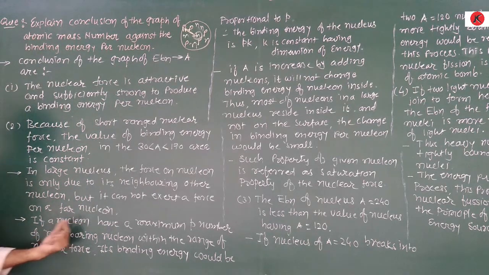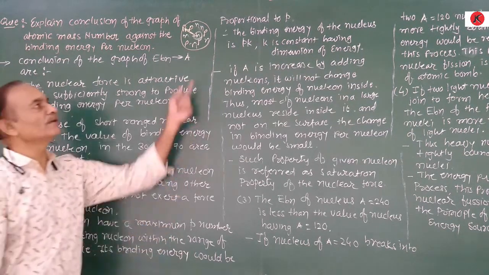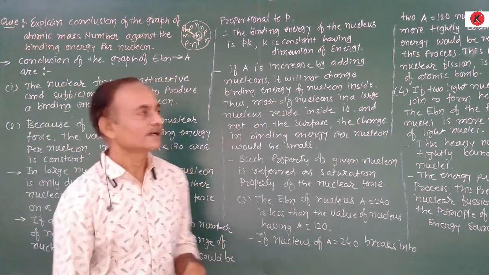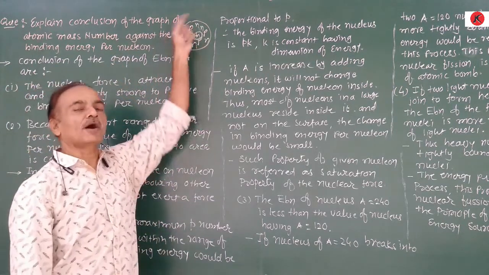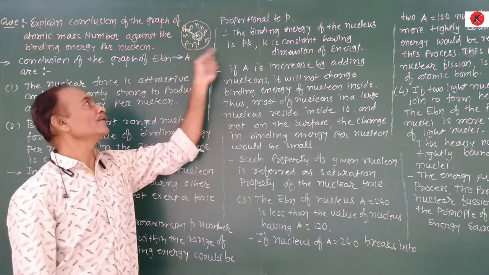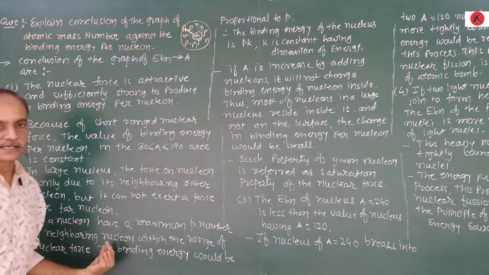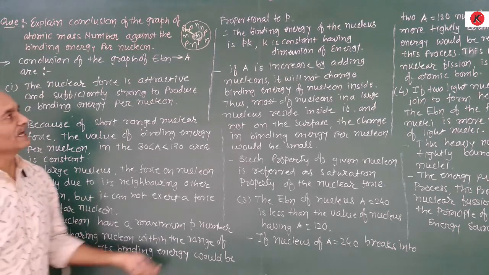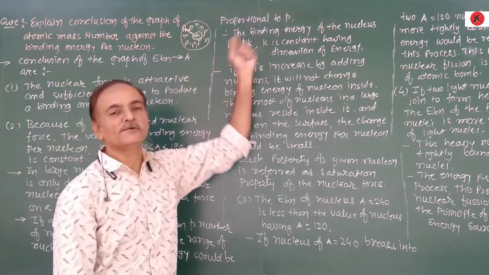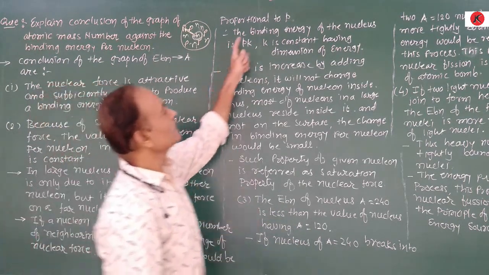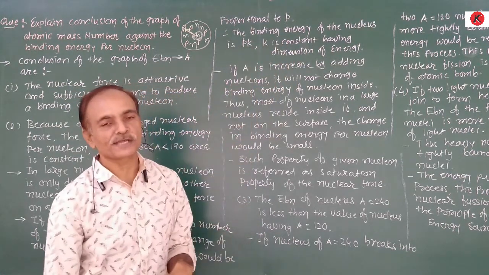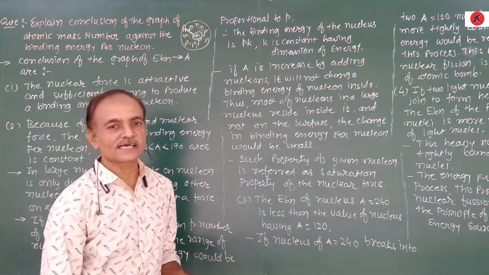If a nucleon has a maximum P number of neighboring nucleons within the range of the nuclear force, its binding energy would be proportional to P. Therefore, the binding energy of the nucleus is P into K, where K is a constant having the dimension of energy.